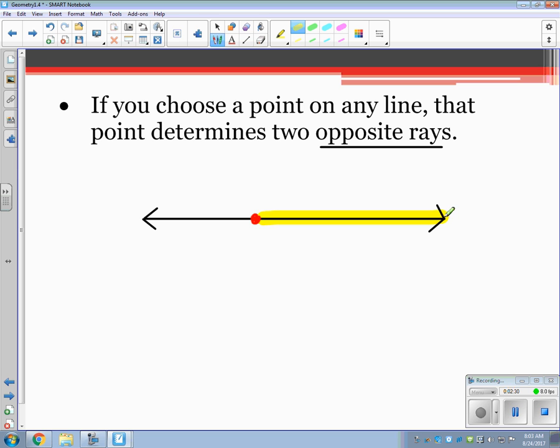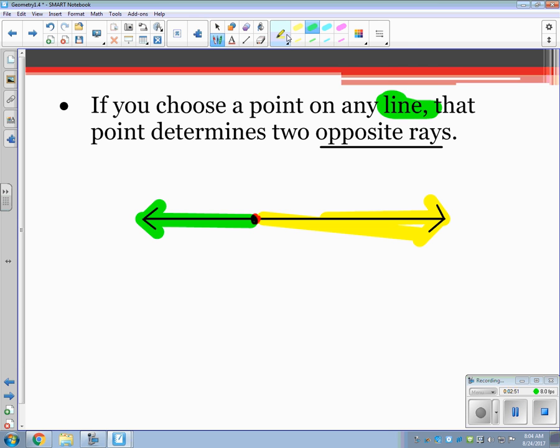I've got the one that goes in this direction in yellow, and then I've got this one going this direction in green. So how I'd like you to recognize that, if in a prompt or any kind of question you see something stating that there are two opposite rays, know that opposite rays just make a line.